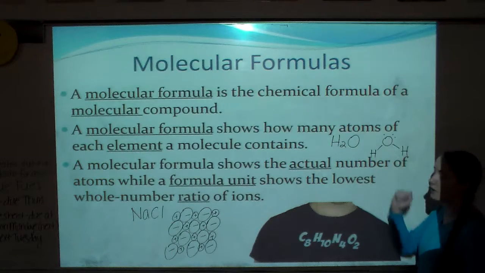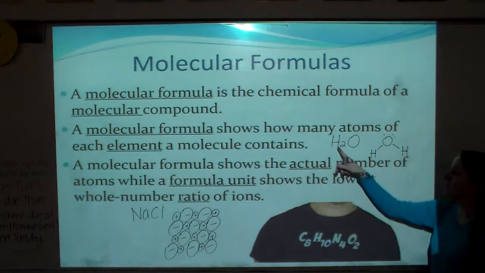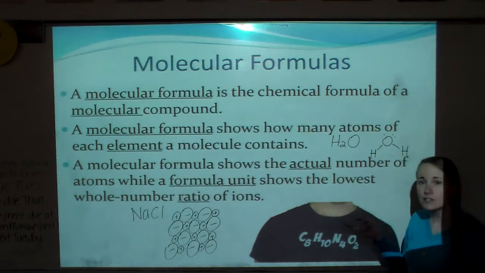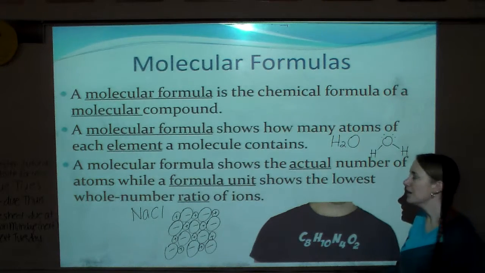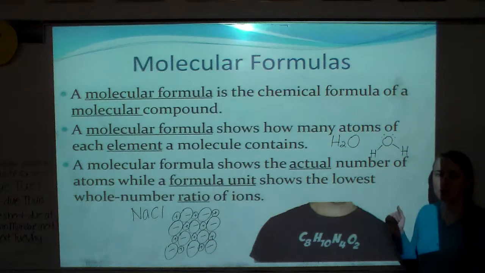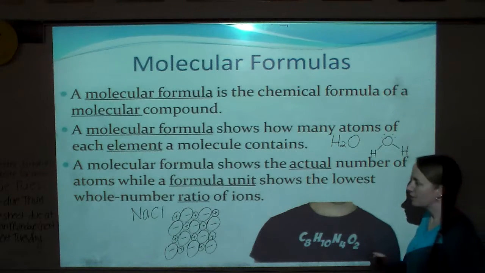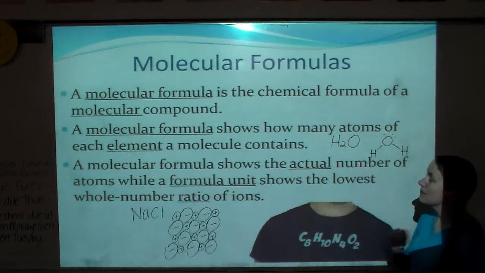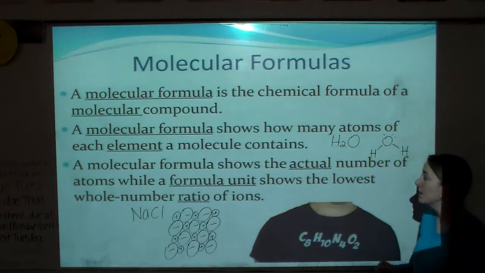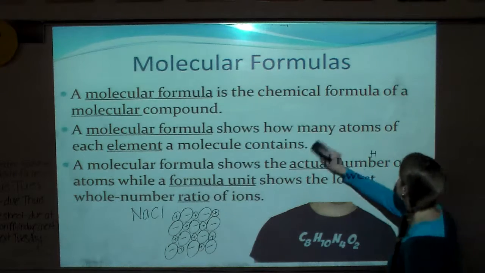So H2O. It's not like you're going to have an H4O2 in there somewhere or an H6O3 or anything like that. That is the actual number of atoms in each molecule. Okay, so that's the difference. In formula units, a ratio, whereas molecular formula tells us the exact number. All right, so let's look at that section assessment.